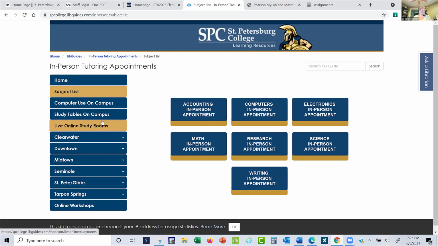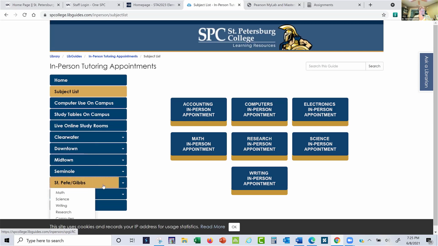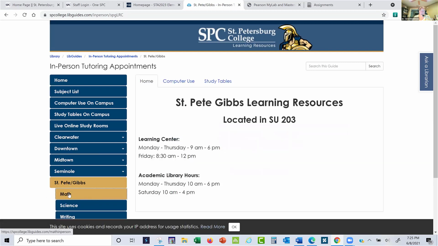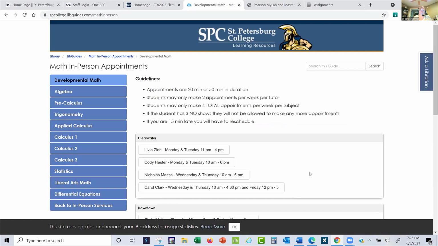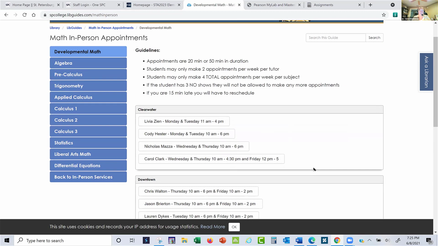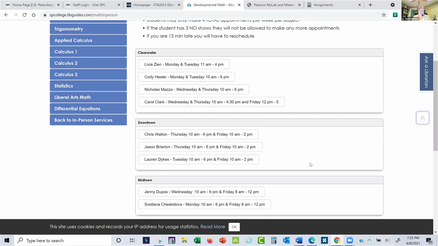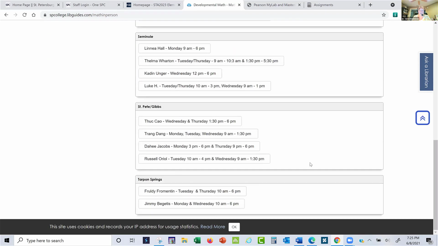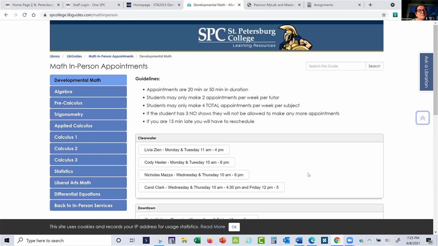And there are live study rooms and you can see who's at Gibbs campus. And here we go, Gibbs math. So who are the tutors for Gibbs math? Oh, this is showing all the campuses actually. So they all pop up and you go by topic. So this is in math and then you can even drill down more.